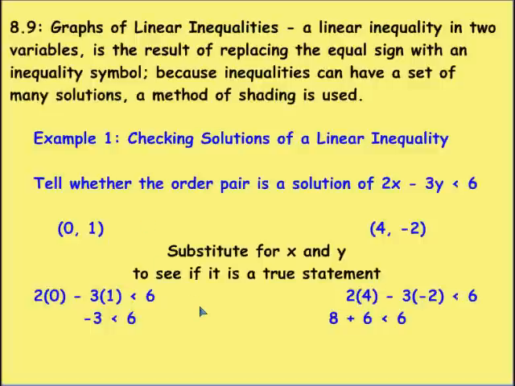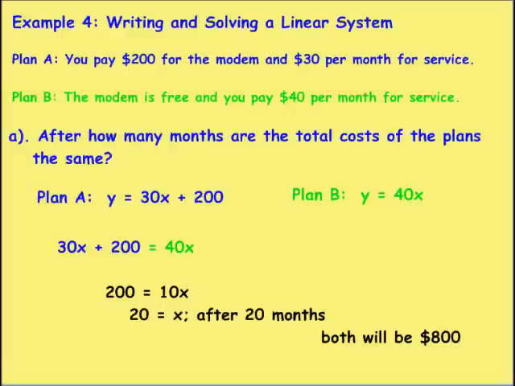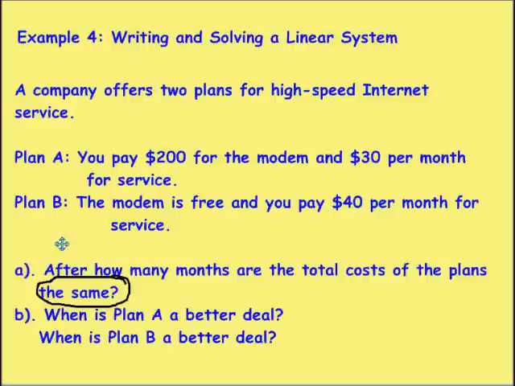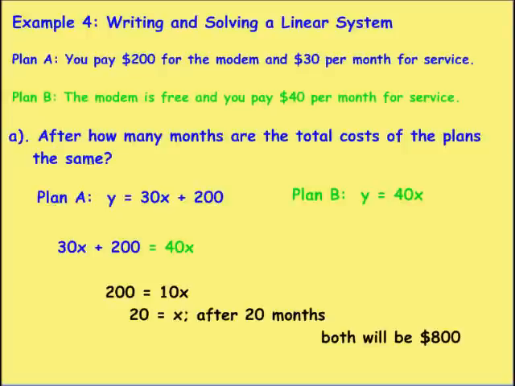Now, if I was going to graph these, I would have a pretty large graph, but I can tell you that, sorry, that was the next lesson. I can tell you that the way that you would figure out the second question, when is plan A a better deal and when is plan B a better deal, we can see that the intersecting point is at 20. So plan A is going to fall below the graph for plan B after 20.